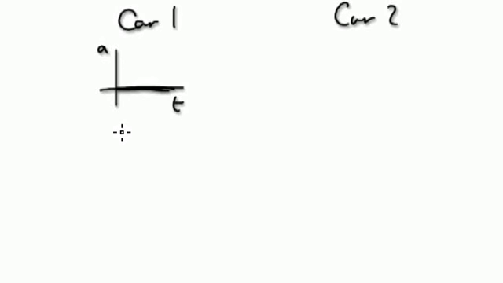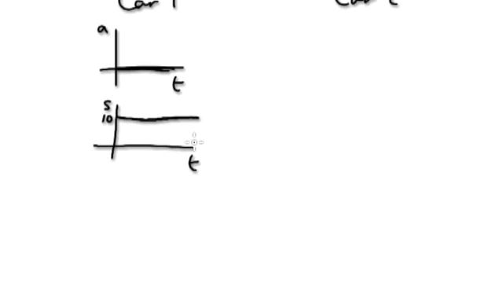The speed time graph will be like this, because it's going at the same speed, 10 meters per second, all the time. So the speed time graph would just be a horizontal line like this.